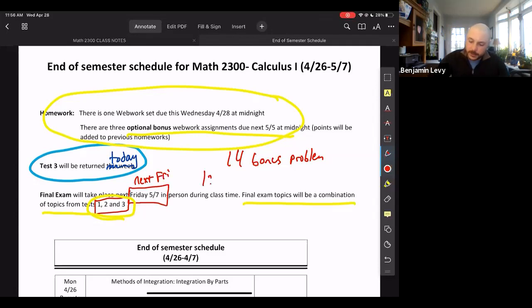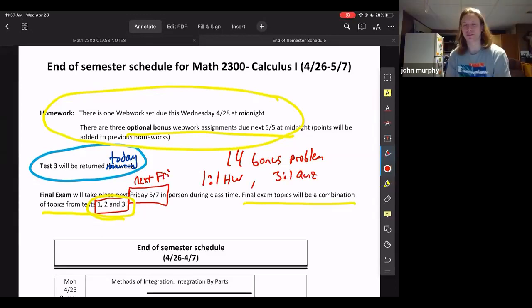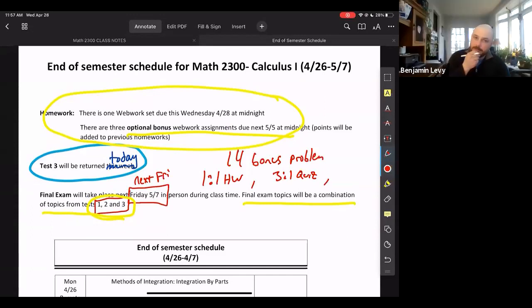So here's the ratio: 1 to 1 for homework, 3-1 on quizzes. That's generous. Yes, that is generous. I don't know if you're serious or not, but I think it is. No, I am.